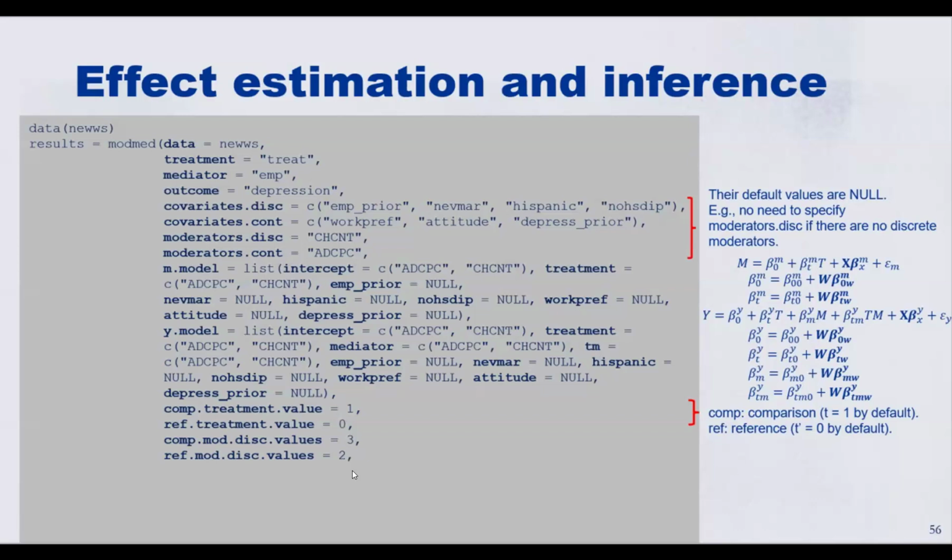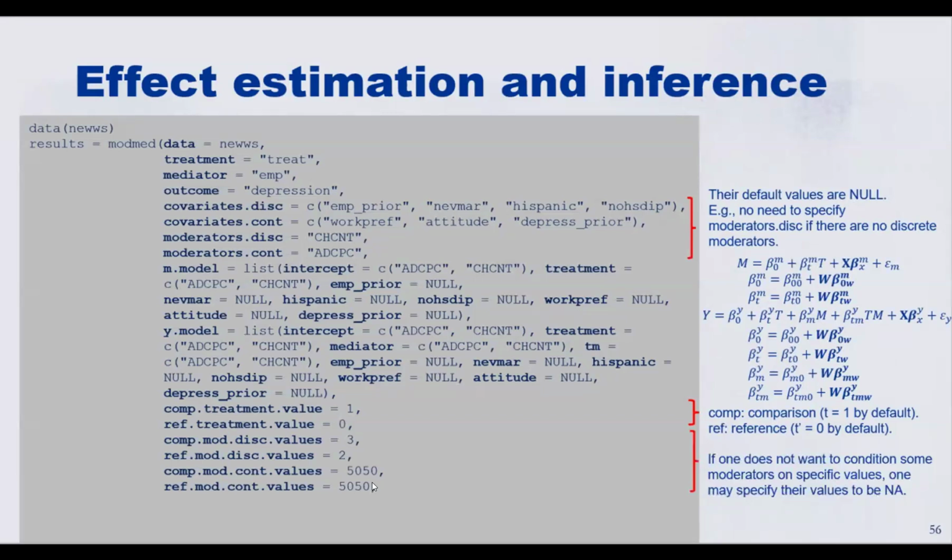And for the continuous moderator, we condition it at its median, so that we want to see, when the baseline welfare amount is at its median, what's the difference in the indirect effects between those who have 3 or more children and those who only had 2 children at baseline.